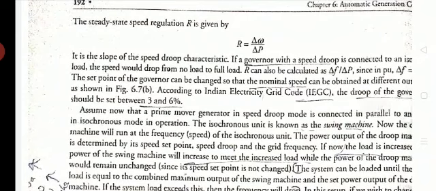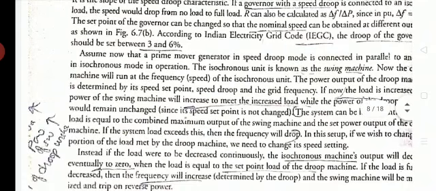Only these values are allowed. You should remember the droop of the governor, that is whatever set point we are changing here should be between 3 and 6%. These are the nominal values. It is already standard set by your IEGC.